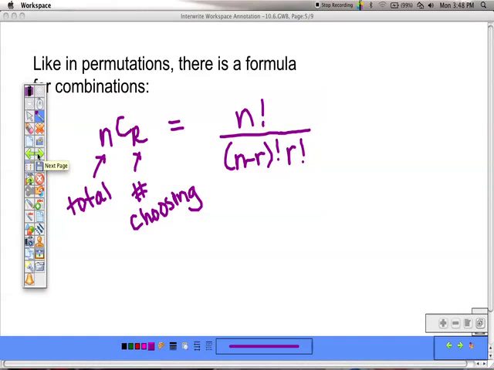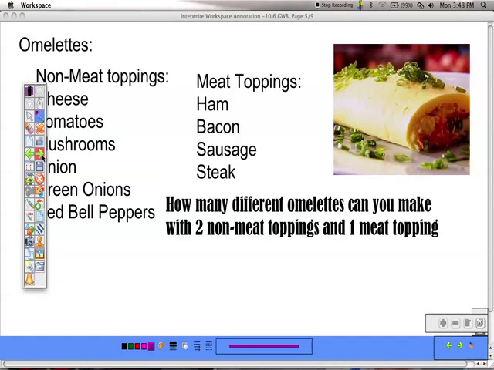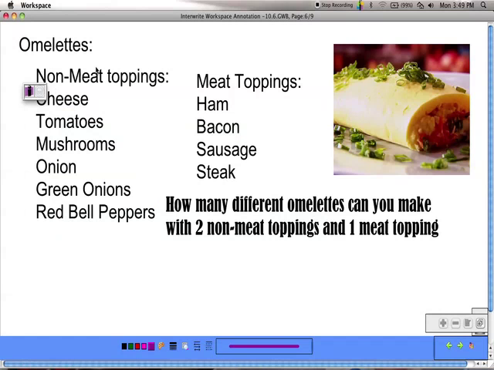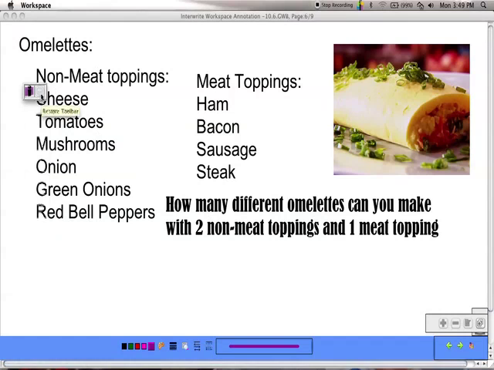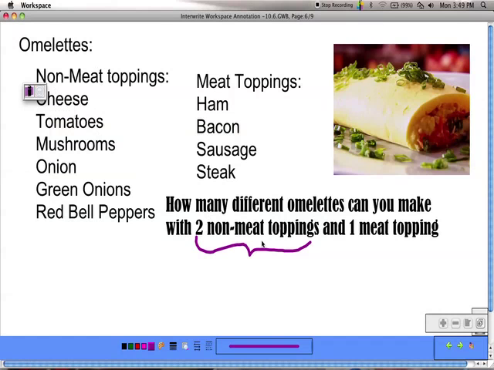So let's practice this. Combinations, when order doesn't matter. So let's say you're making an omelet. There's some non-meat toppings and some meat toppings. How many different omelets can you make with 2 non-meat toppings and 1 meat topping? Okay, so let me grab my pen here. All right, so non-meat toppings, there's 6 total.